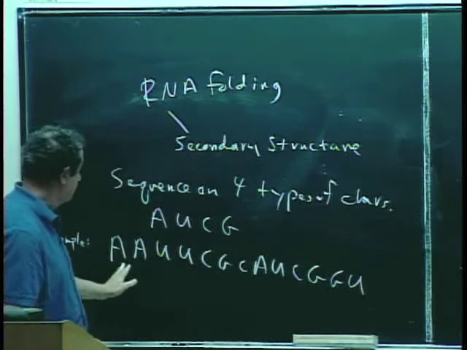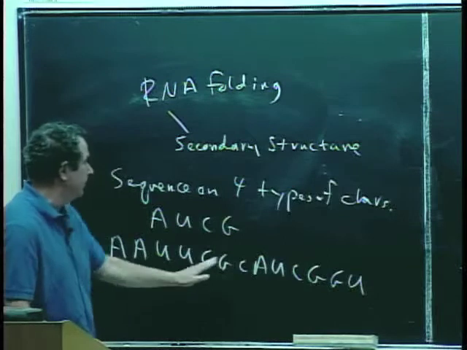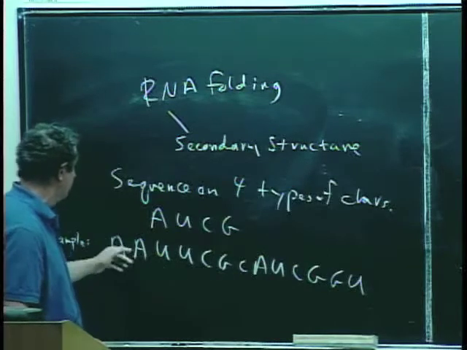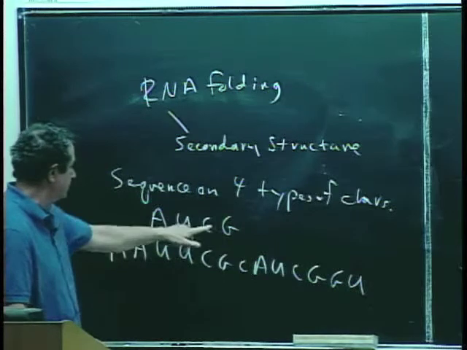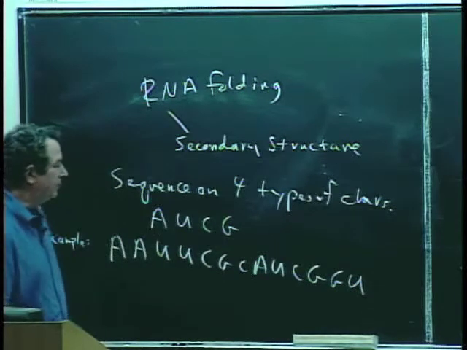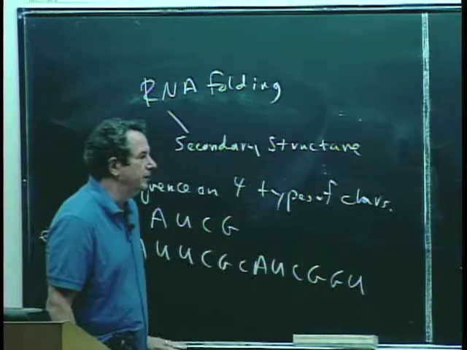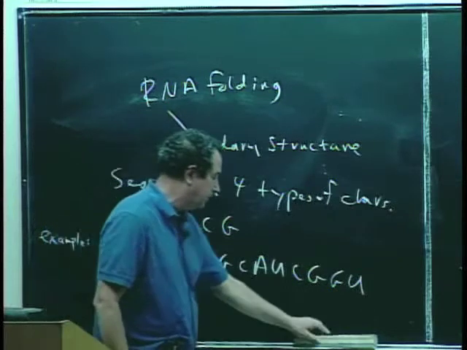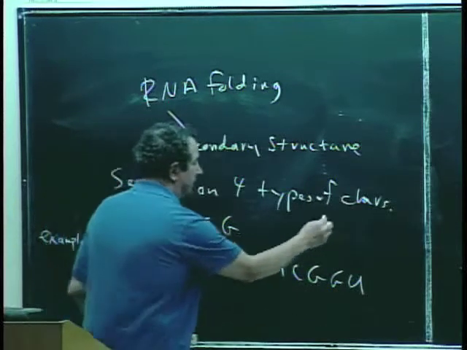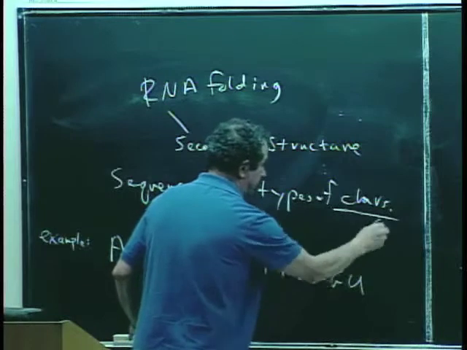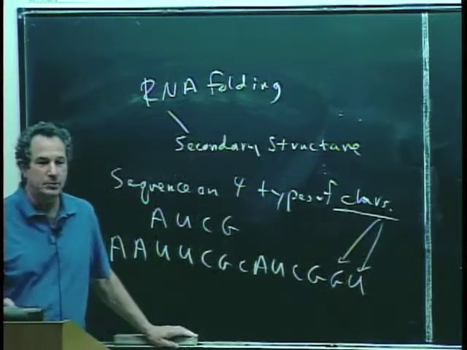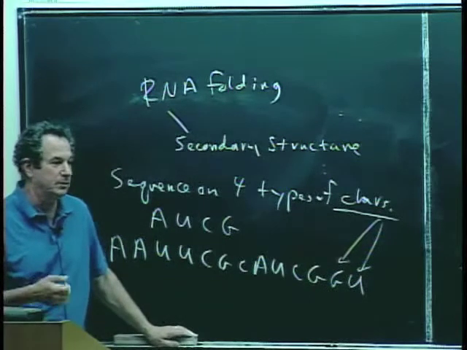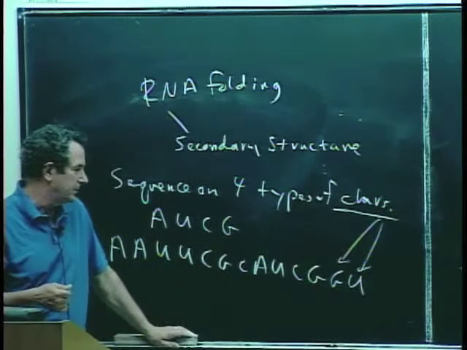At any rate, we can just think of this as a sequence where the characters are taken from the alphabet A, U, C, G. Now, one of the confusing things about talking about these characters, so this is a character, G is a character, U is a character, that's just colloquial, normal use of the word character, and hopefully nobody is confused by that.